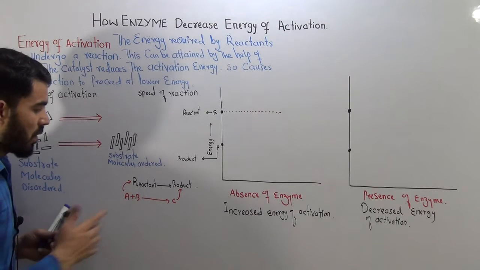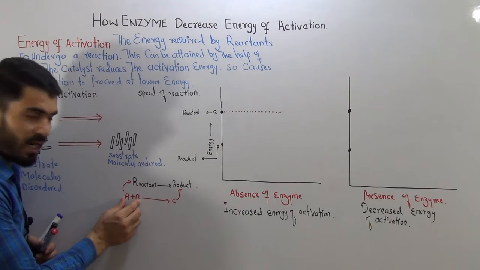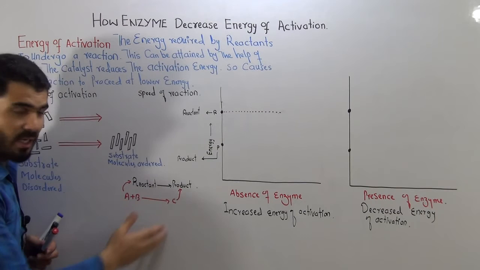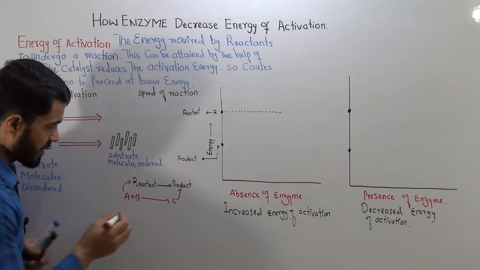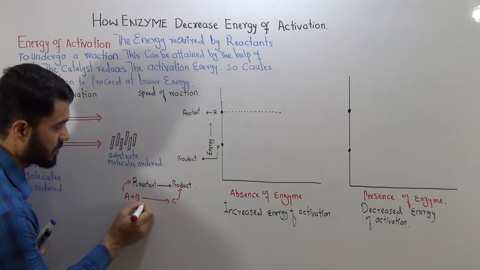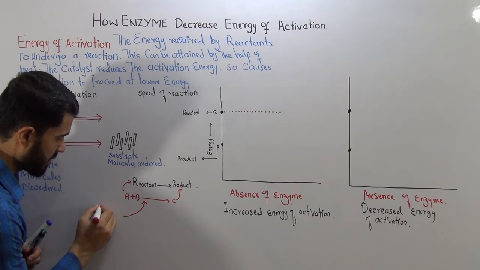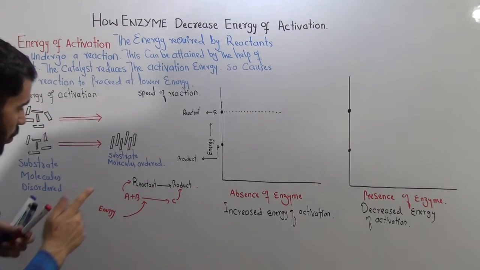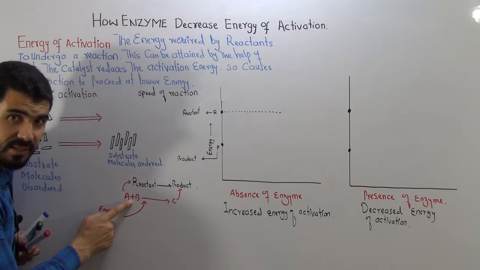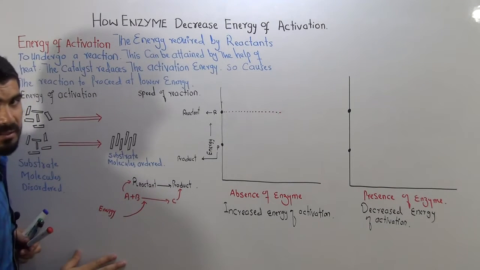Now, if you want the reactants to start a chemical reaction, before they start the reaction, they require some input of energy. Once you provide this energy, then the reaction will start.